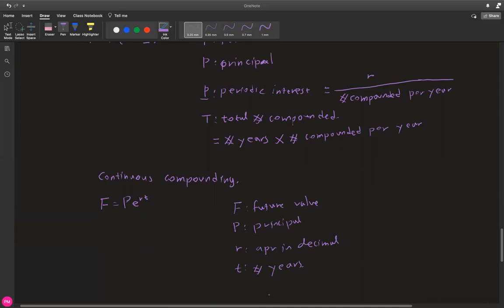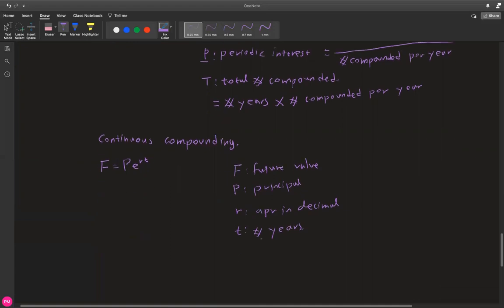I don't think there's anything else that we need to go over about the continuous compounding. It was pretty self-explanatory. And here E is the constant. It's Euler's constant, and found in your calculator.